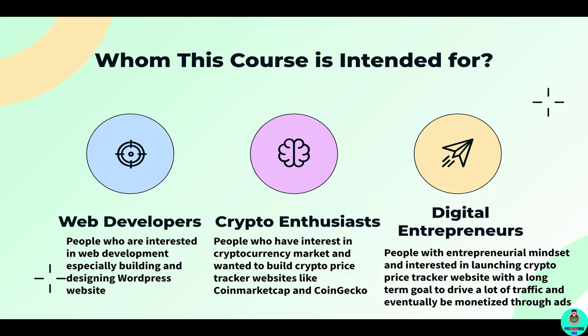Because not only are we going to learn from the technical perspective how to build and design our website from scratch using WordPress, how to integrate the plugins, how to import the data to our website, all those technical stuff, we're also going to learn the business perspective, right? So we're going to learn how to monetize our websites, how to potentially turn this crypto price tracking website into a sustainable passive income business, guys.